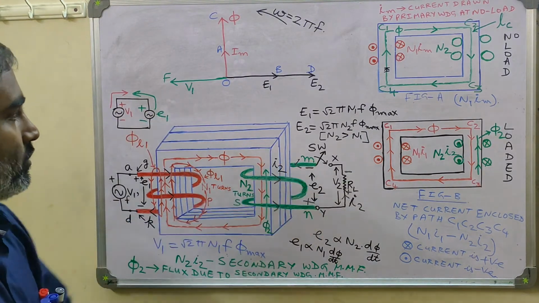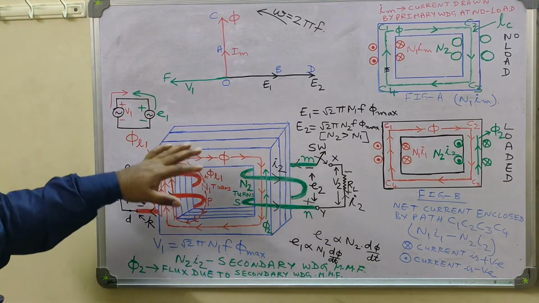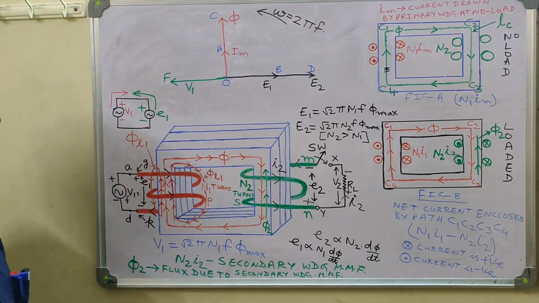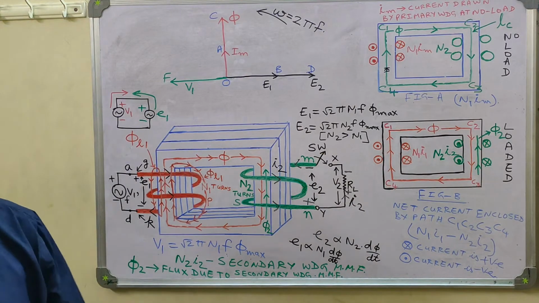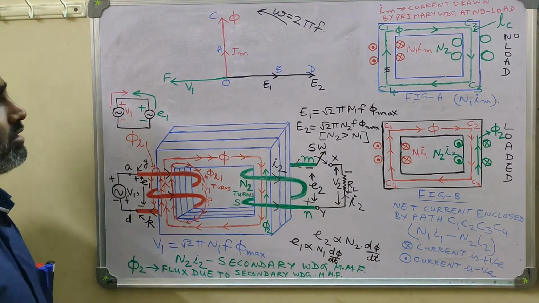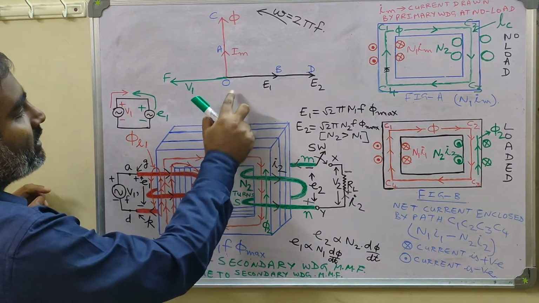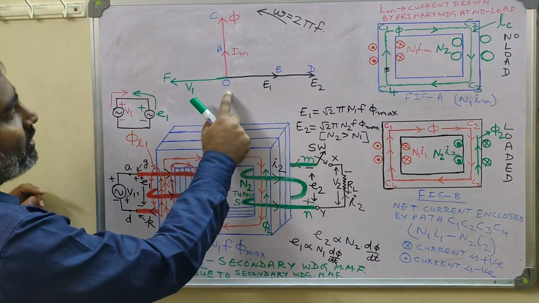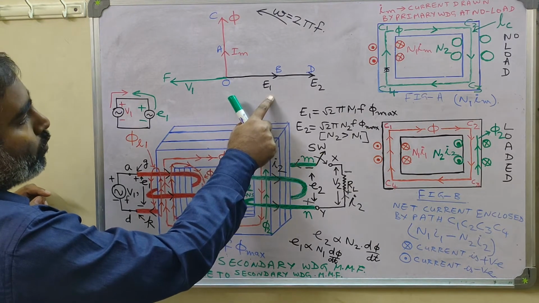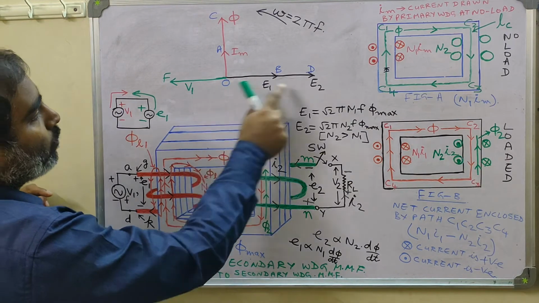Now, by looking at this phasor diagram, one can always conclude whether it is a step up transformer or a step down transformer. What we have seen is that E1, which is given by OB, is smaller than E2, which is given by OD.